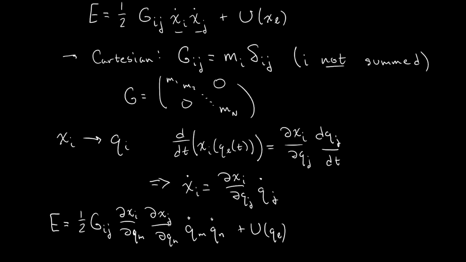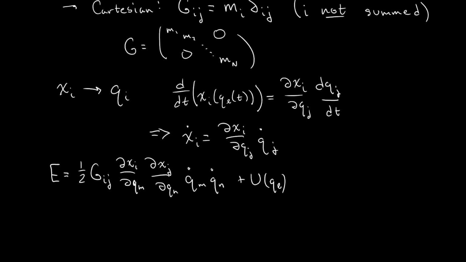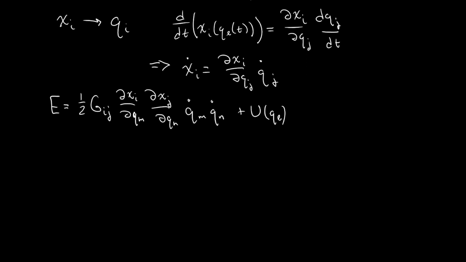Okay, now this might not seem very enlightening, but I'm going to employ a bit of a trick. The trick is I'm going to define a general G matrix, a G matrix in general coordinates, which I will define by its transformation properties.